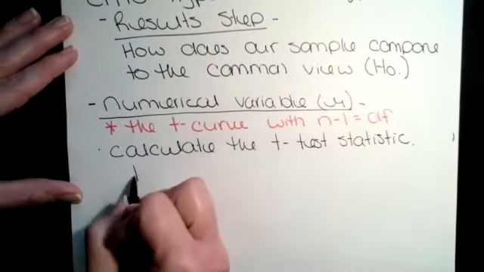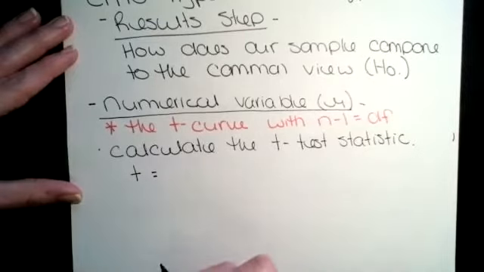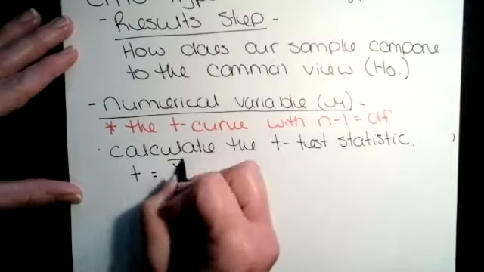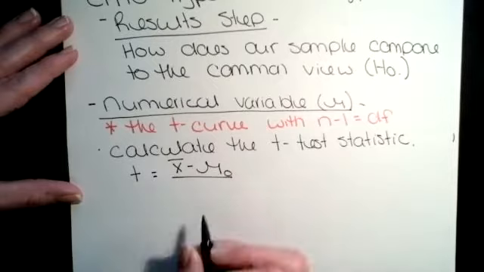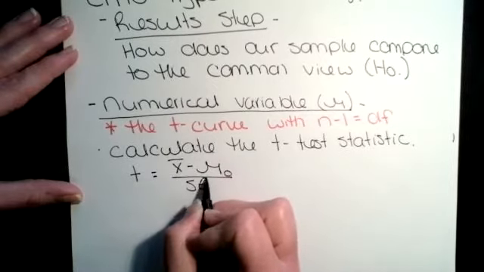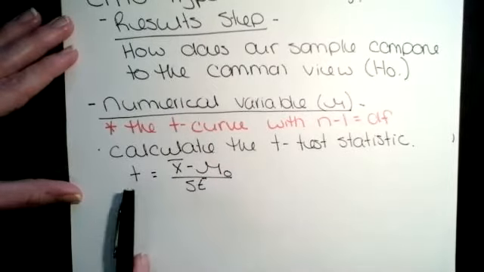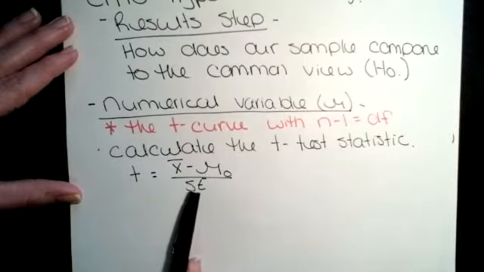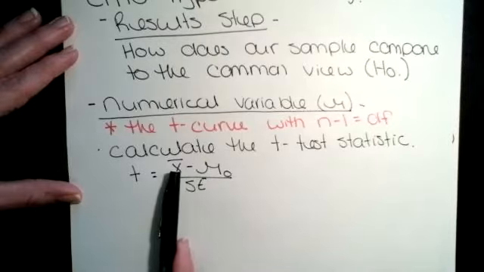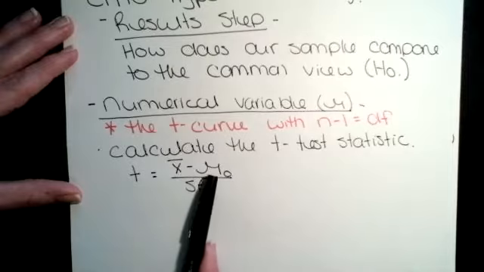So my calculation for this is just t is equal to, and this is gonna look really familiar to you, x bar minus mu naught divided by standard error. Now, when I say this looks familiar, this should look like z, right? Remember z-scores back in chapter 3, it was x minus the mean divided by the standard deviation. It's the same calculation, right? It's just now I'm looking at my whole sample, x bar minus mu divided by the standard error.